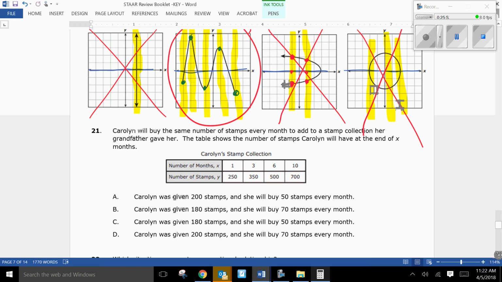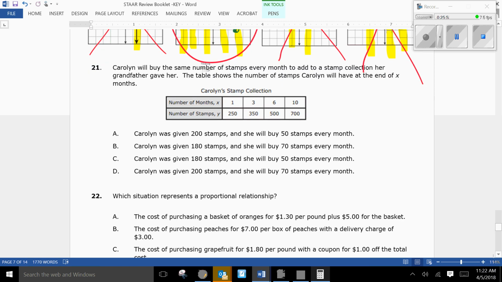Okay, number 21. Carolyn will buy the same number of stamps every month to add to a stamp collection her grandfather gave her. The table shows the number of stamps Carolyn will have at the end of X months. Okay, so let's look at what's going on in our table. So here's my months. I can see it's increasing by 2 months here, and 3 months here, and 4 months here.